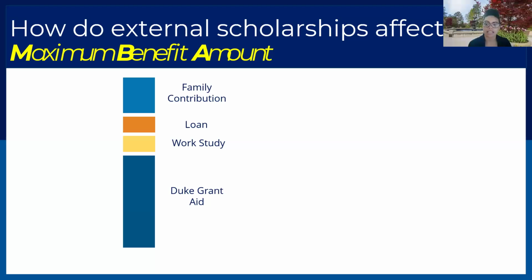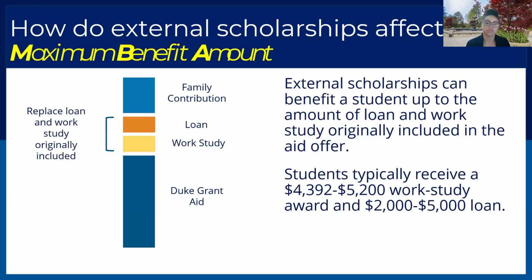We're going to take that total and do some substitution to your existing aid offer. So, for those with loans and then everyone with work study, we're going to first cancel the non-grant funding. Whatever that total is, if you have a $5,000 loan and your work study is $4,800, we're going to cancel those amounts first and insert your third party outside scholarship money.